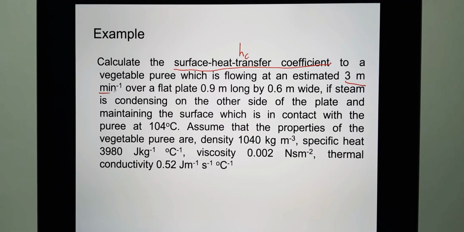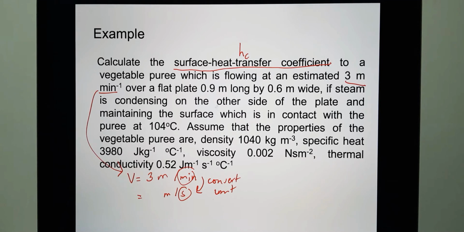This value is meant for the velocity. Velocity is 3 meter per minute, whereby normally velocity is expressed as meter per second. So you need to convert the unit from minute to second.